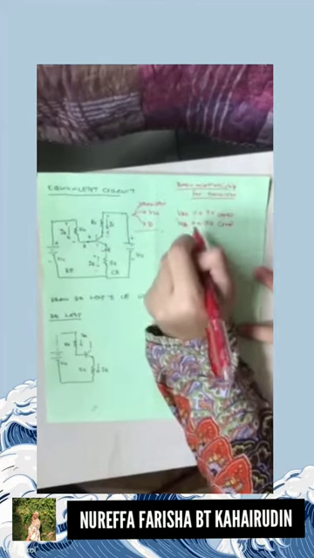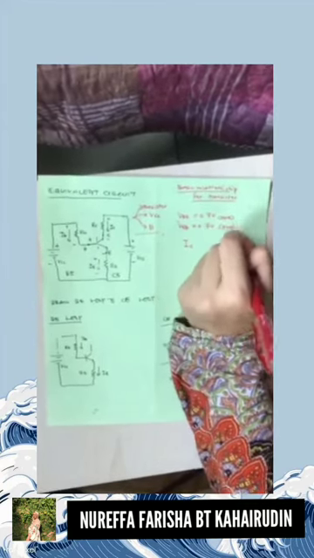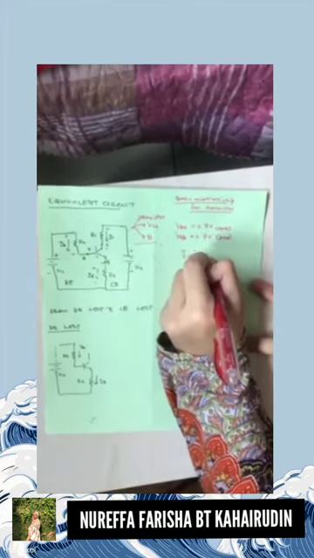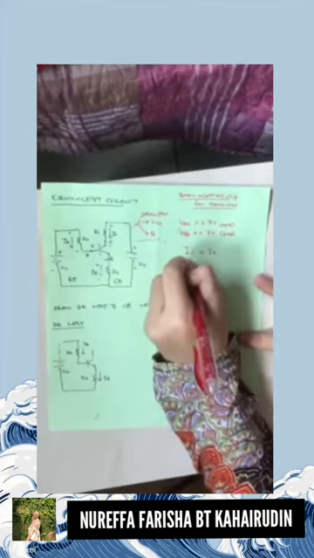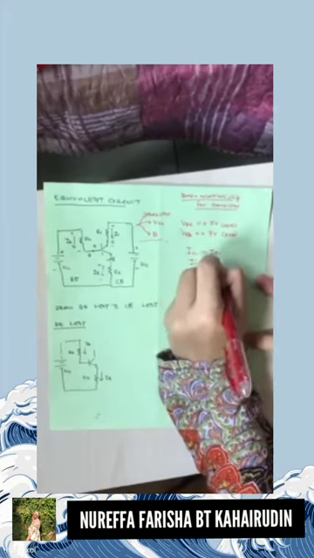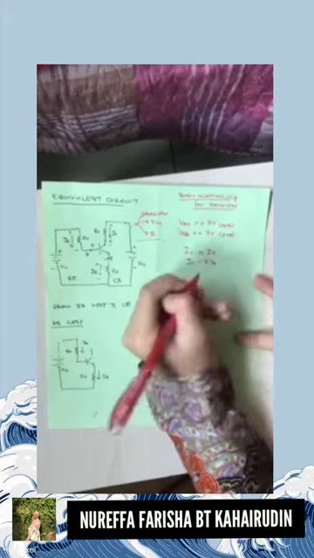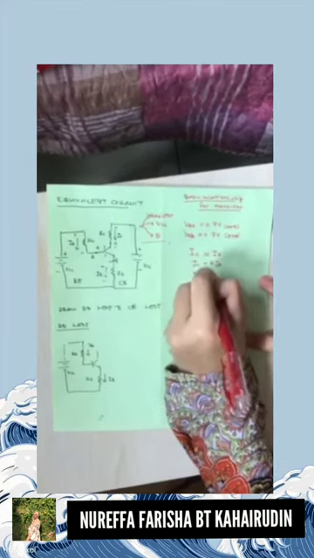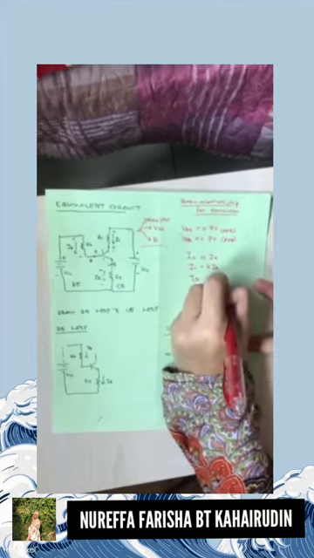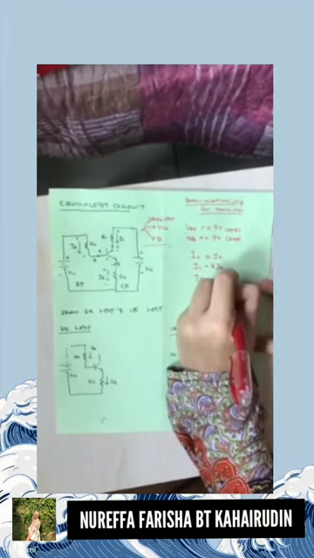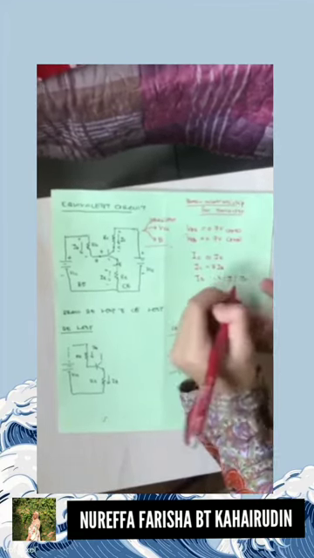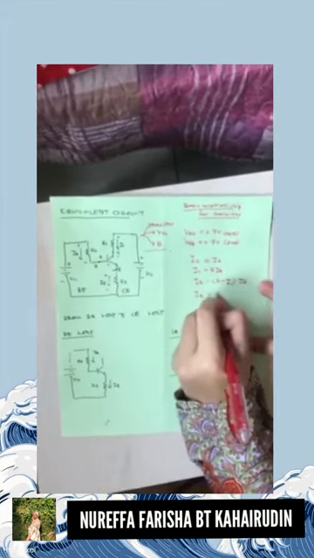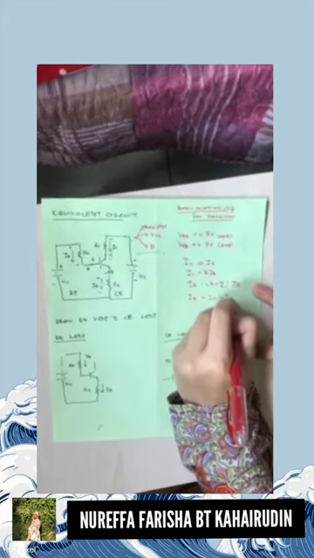So VEB equals 0.7 is for PNP. IC is equal to beta IB. So IE is beta plus 1 IB, and IE is equal to IC plus IB.